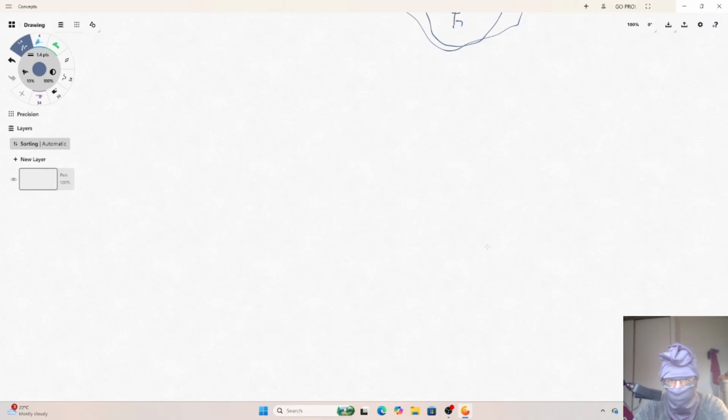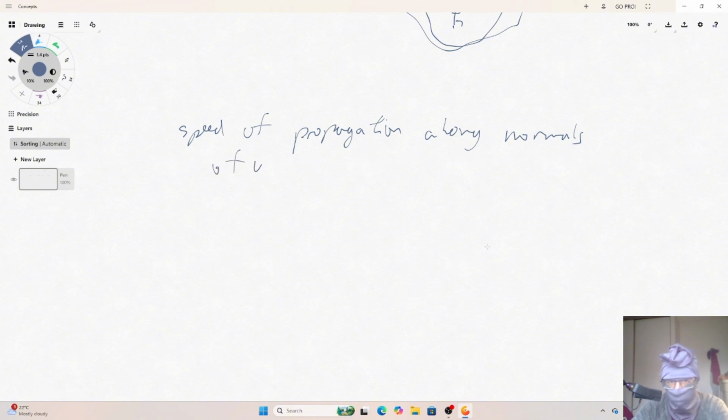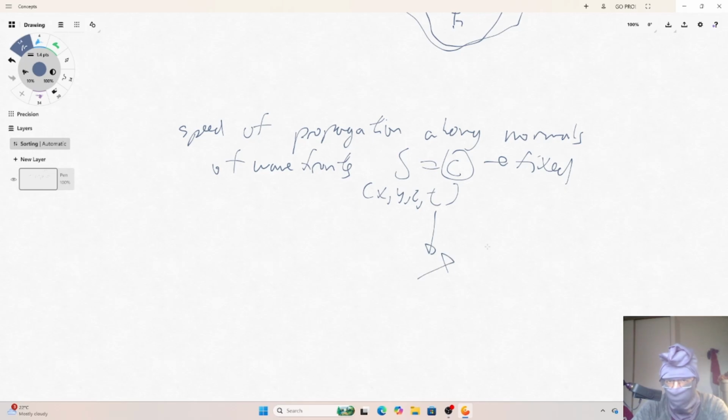So using the same logic, Schrodinger asked, what is the speed of propagation along normals of wavefronts S equals C, where C is fixed, but time increases?